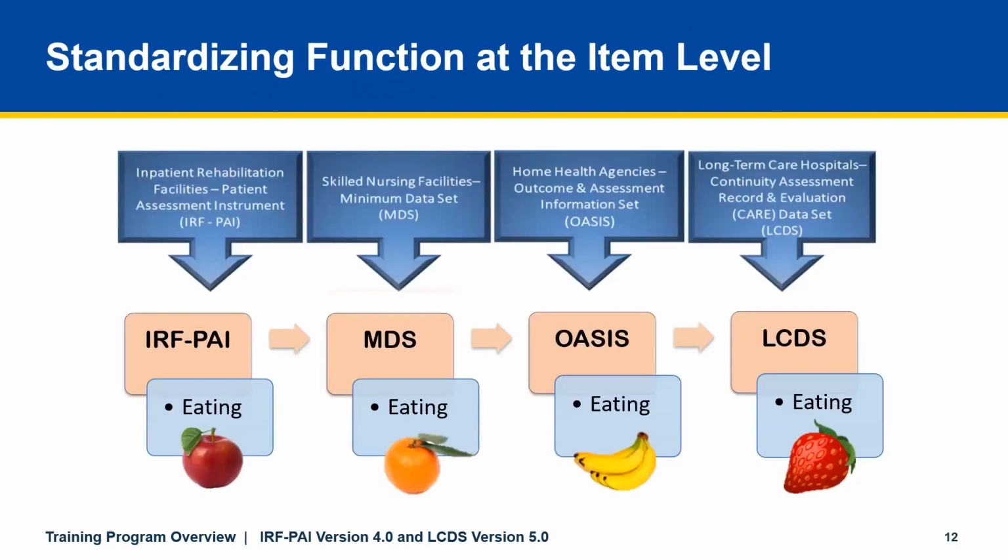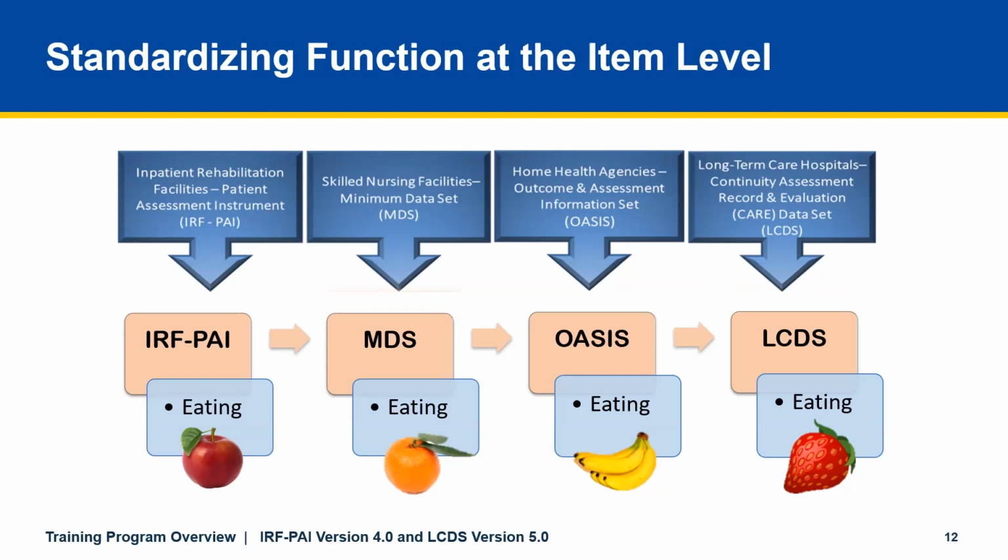As you may be aware, each PAC setting uses a different data collection instrument. Here we see not only the IRF-PAI and LCDS represented, but also the minimum data set, or the MDS, for the skilled nursing facility setting, and the outcome and assessment information set, or OASIS, for the home health setting.